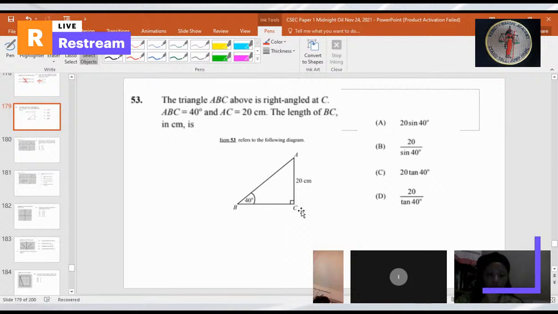The length of BC in centimeters is... So they want BC.